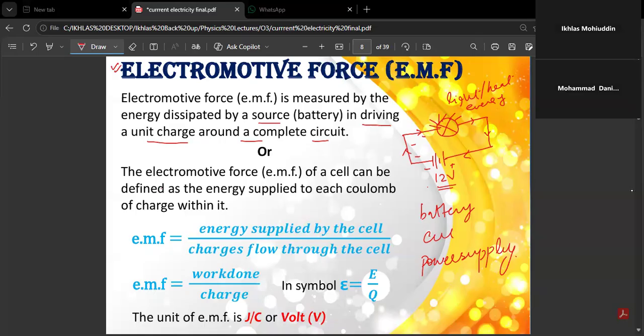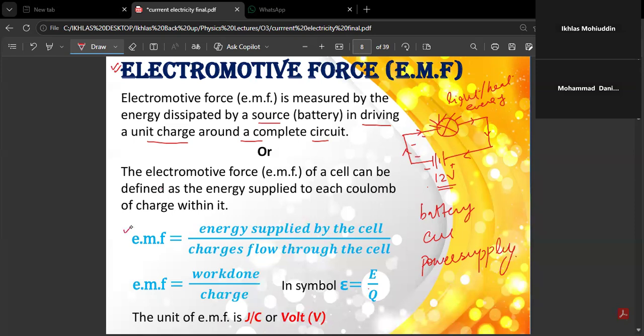I'm repeating the definition again. It is defined as the energy dissipated by a source, which can be a battery, cell, or a power supply, in driving a unit charge around a complete circuit. And the force is called electromotive force.